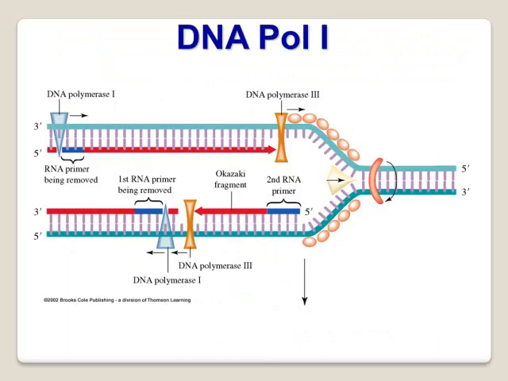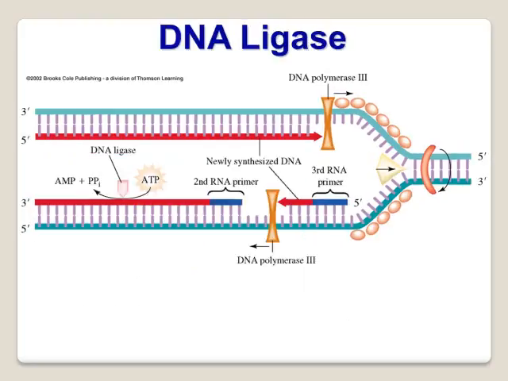DNA polymerase I comes in and begins to chew off the RNA primers right here, and then it fills in the gaps using the free OH on the other side. This is followed by DNA ligase, which comes in and joins all the DNA molecules.